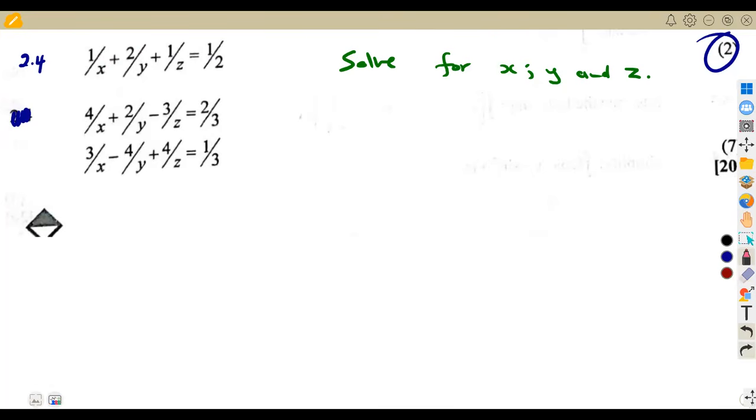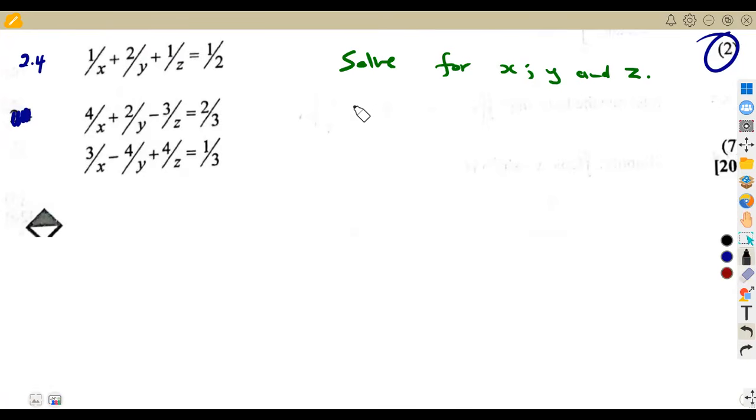If you find that 1 over x is equal to 1 over 3, you can cross multiply and x is equal to 3. So you are going to calculate 1 over x first.